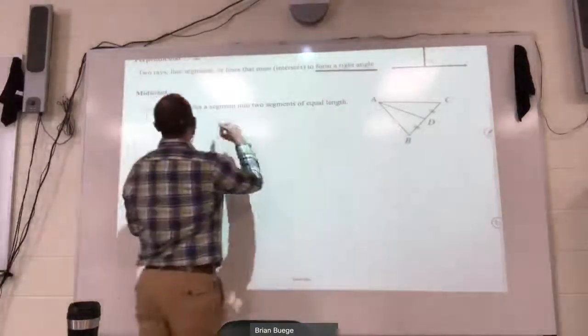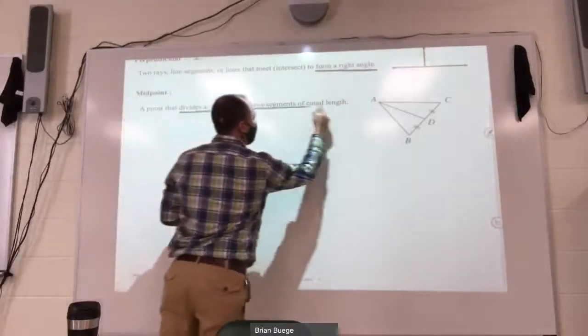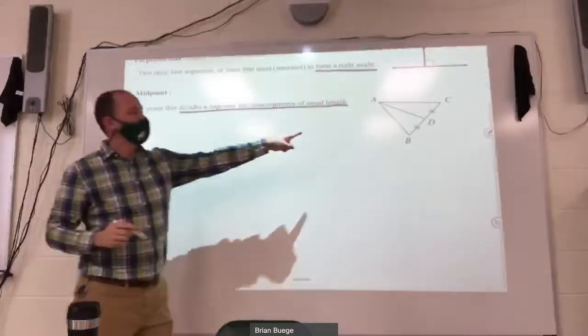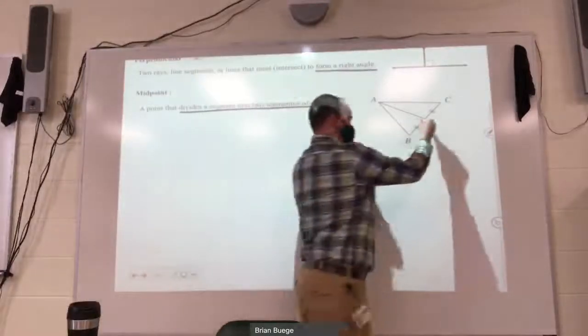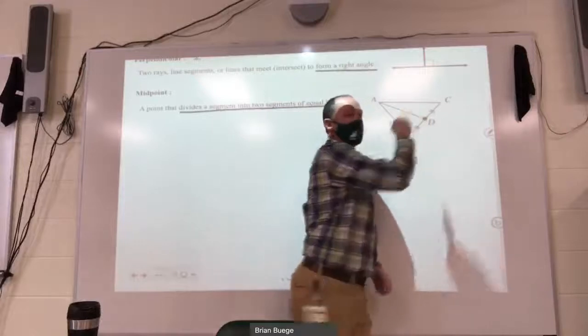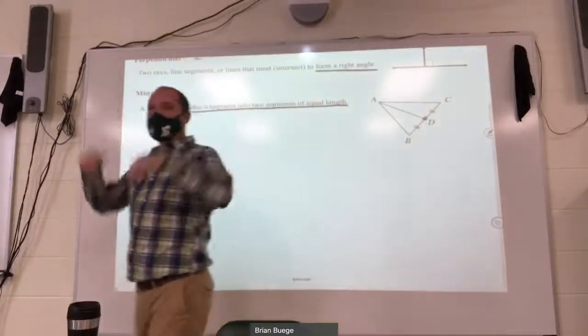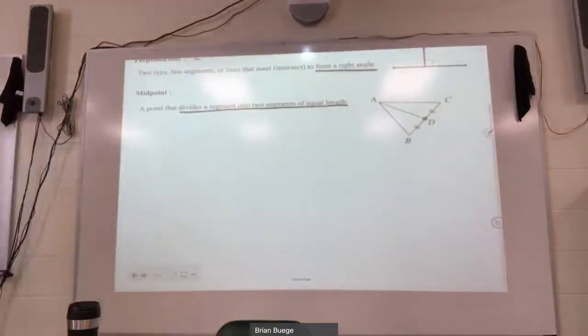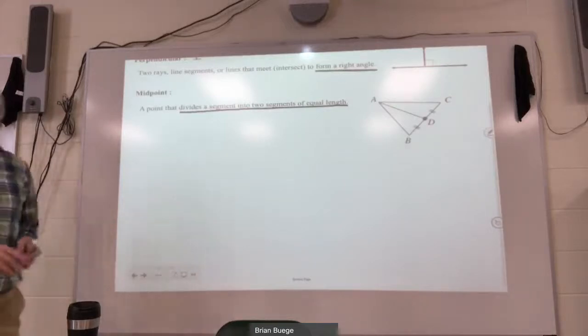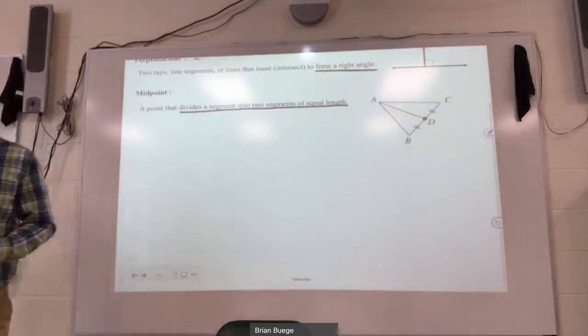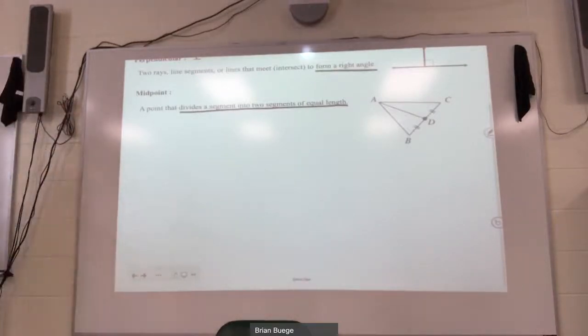Okay, so right here, divides a segment into two segments of equal length. So if I were to see a picture like this, I know that point D is the midpoint of that bottom segment BC, okay? Because I've got two equal parts. Midpoint divides a segment into two equal parts because it's in the middle.